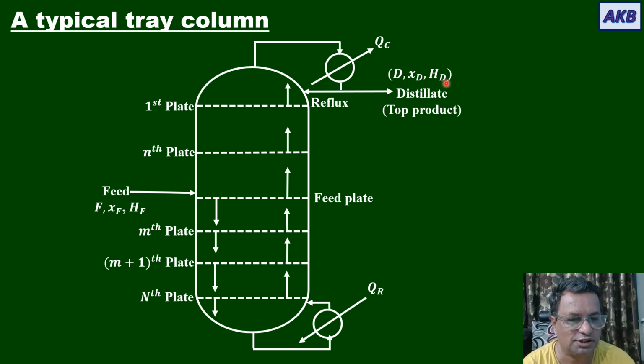It will be identified by these parameters. Very shortly I'll tell you what these parameters are. The other part of the condensate coming out of the condenser is sent back to the column. Of course it is a liquid stream, and we call that liquid stream reflux. It is identified by these two parameters, L0 and XD.